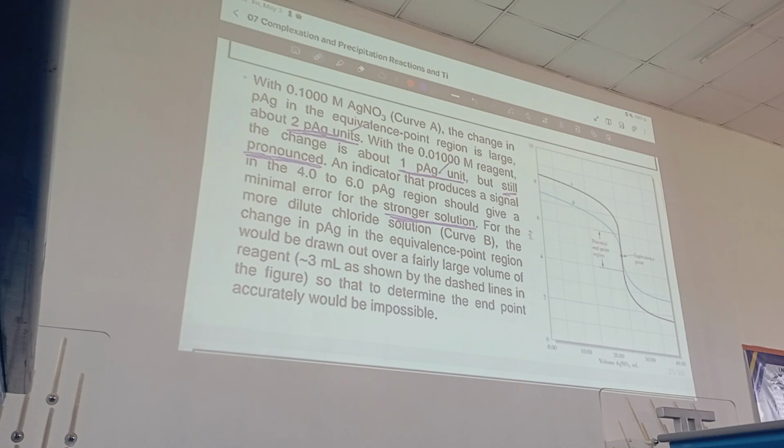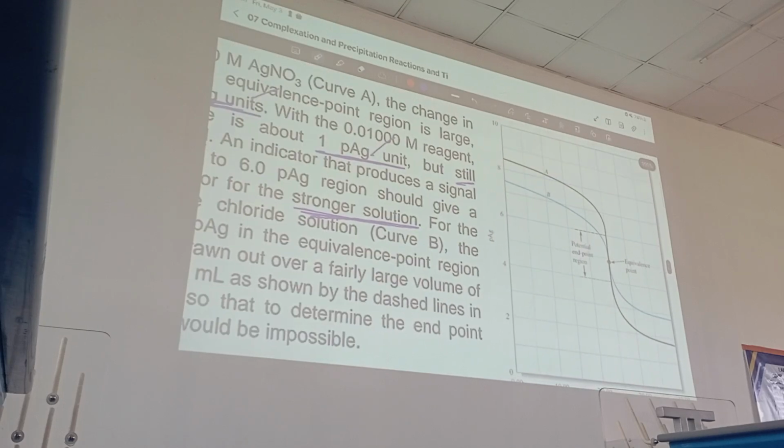Comparing the figure, letter A is the concentrated solution and letter B is the diluted one. The concentrated one has higher steepness or sharpness compared to letter B.